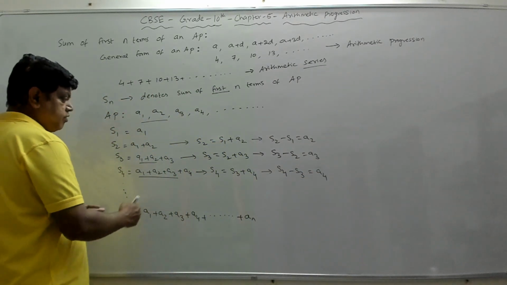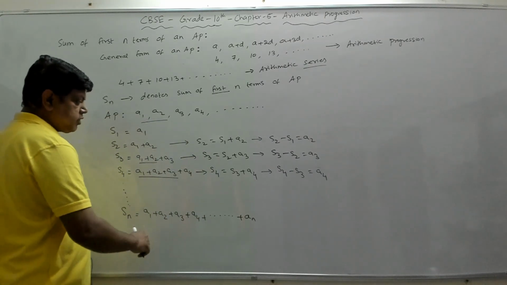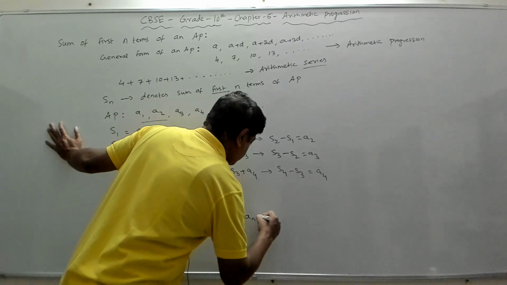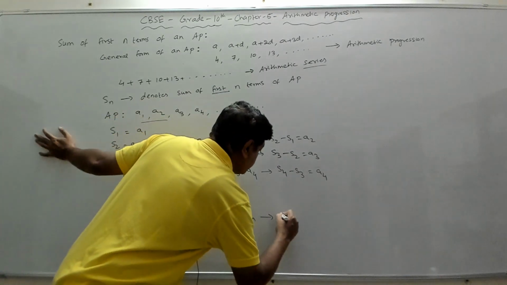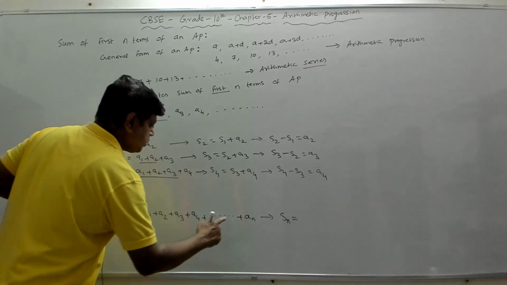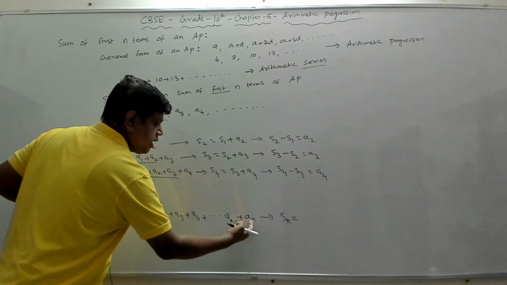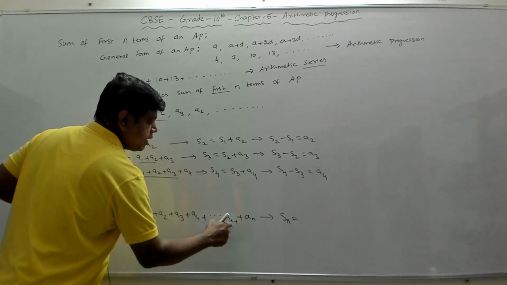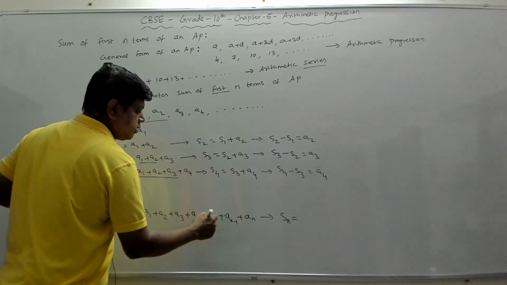Similarly, if we extend the same logic to Sn, the sum of the first n terms of an AP, then Sn will be equal to A1 plus A2 plus dot dot dot, then An minus 1, the previous term, and then An.